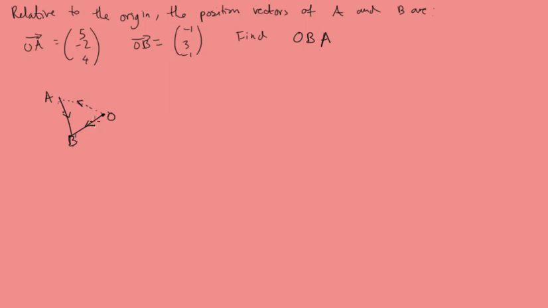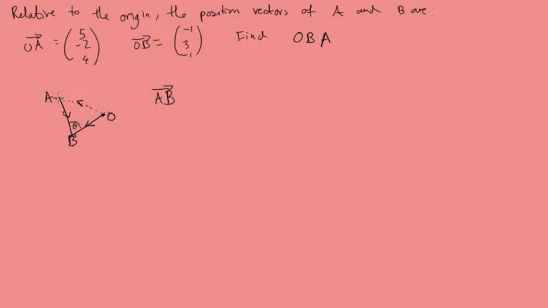So remember, the vectors have to be in the same direction. So to find the angle OBA, we need the vector AB to be coming towards point B, because OB is coming towards B, so this has to come towards B for this angle here. Okay, so we need to find vector AB.